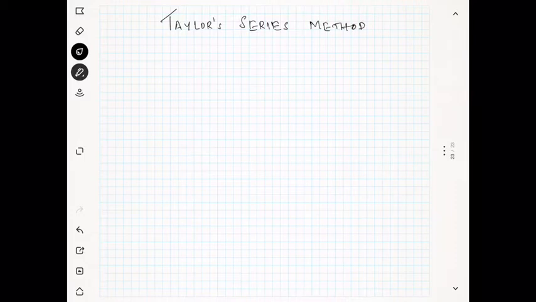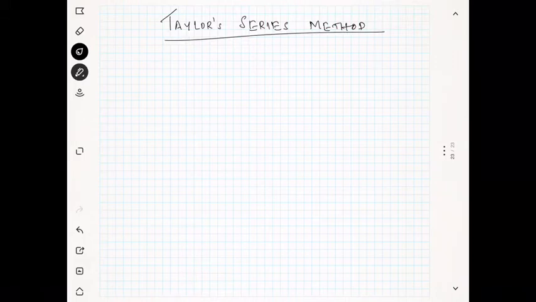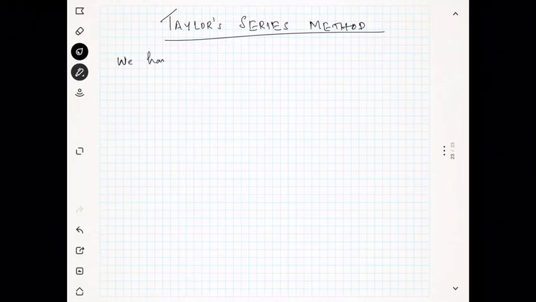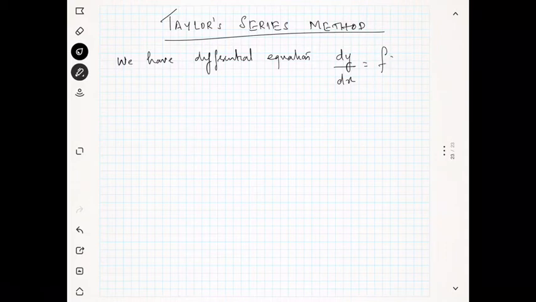Now all of you know that we have a differential equation, for example, which is first order, maybe of the form dy by dx equals some function of x and y, right?